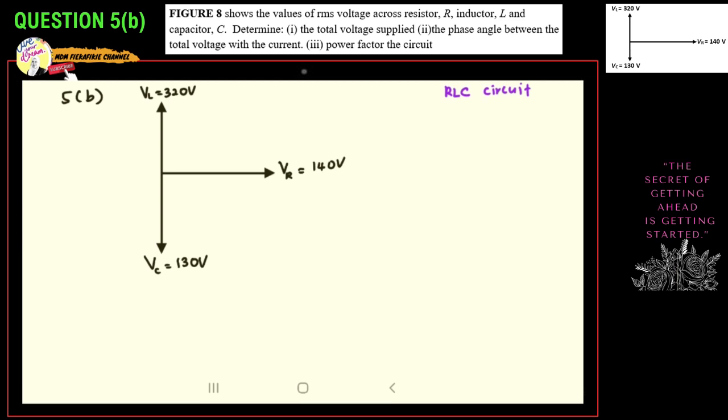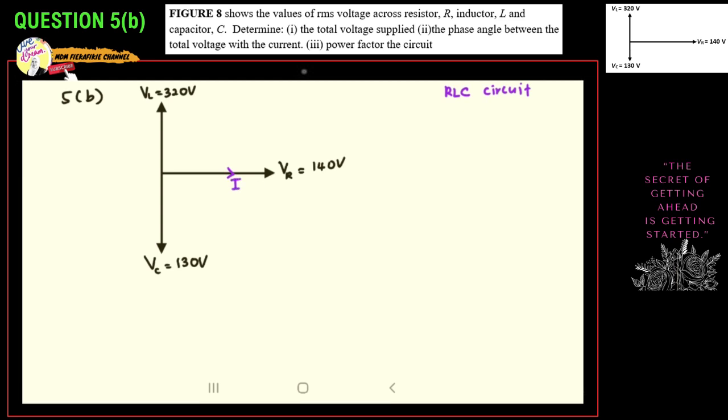Okay, so macam mana kita nak buat ni? Okay, so kita tengok dululah. So based on the phasor diagram given here, okay, so we have VL, VR, and VC. Okay, and always remember, okay, that current I is in phase with VR. Okay, so current kena ada kat sini I.